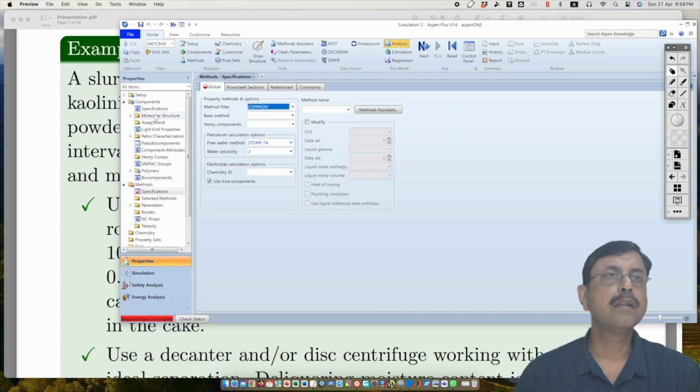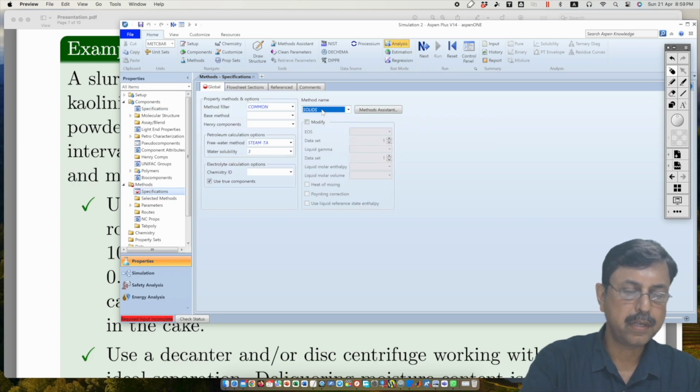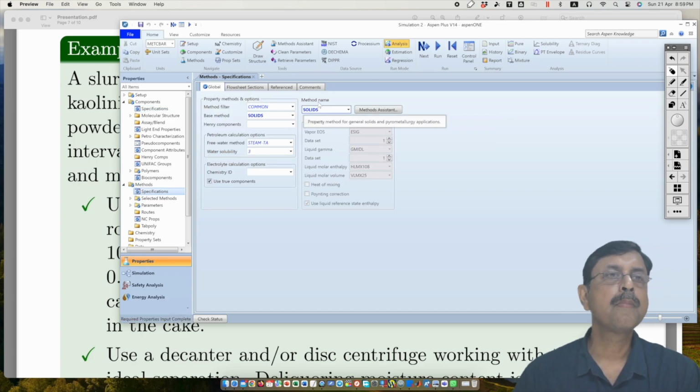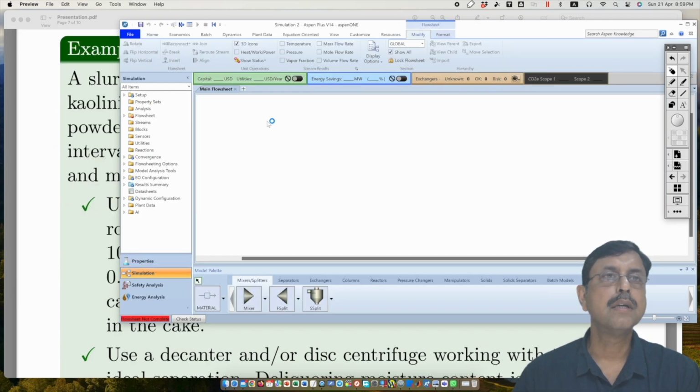Okay, before that we have to set it as solid. Method specification, let us use solid specification, and then run. Okay, the properties are done. Let us go to the simulation window.